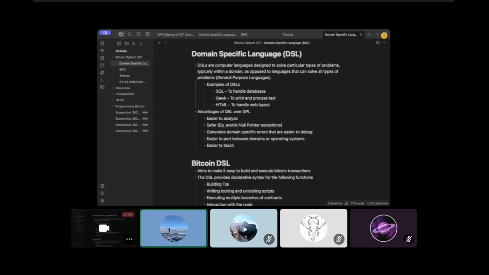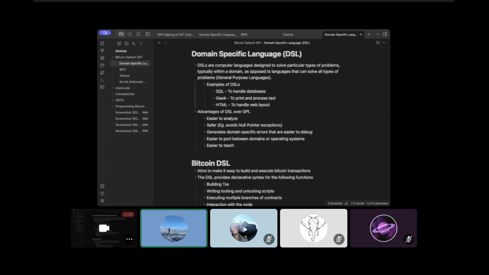So why do we need DSLs? They are easier to analyze. They are safer because their scopes are limited. Another good thing is that, because they are designed to do one particular task, a DSL usually embeds specific errors during the design phase, which will help you a lot in debugging, rather than the generic errors of a general purpose language.